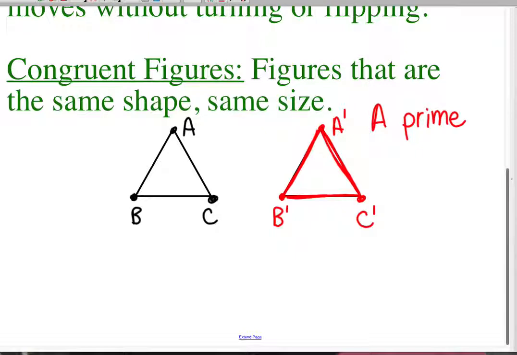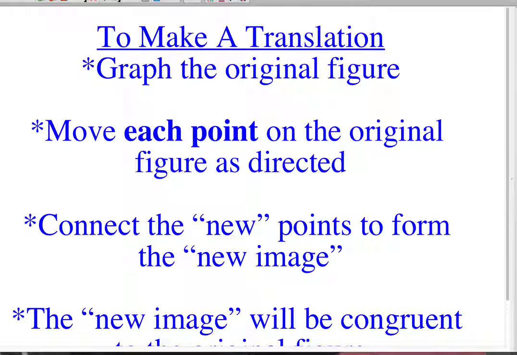Okay? Now, how do we do this? To make a translation, here's what you're going to do. You're going to graph the original figure. Oh boy, that means plotting points on the coordinate plane. Boy, oh boy, this is like a whole bunch of mini lessons. Do you remember how to plot points on the coordinate plane?